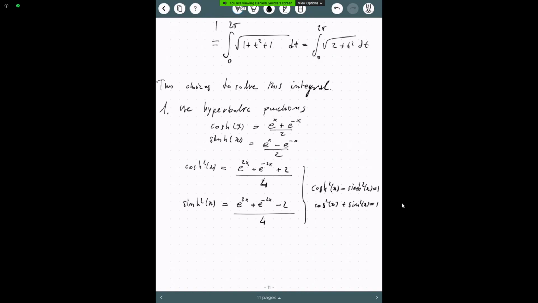In past years I've seen that students were a bit confused about these hyperbolic functions. I don't know why, so I decided to just leave this as an exercise. So how do you do that?